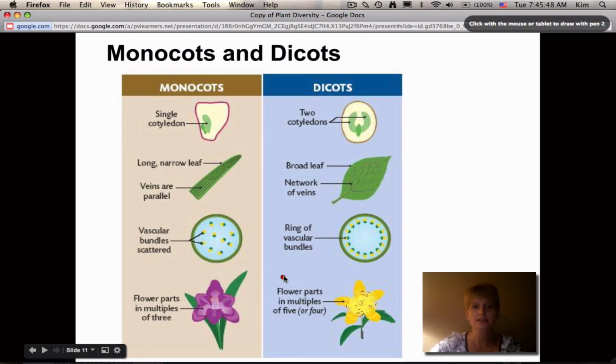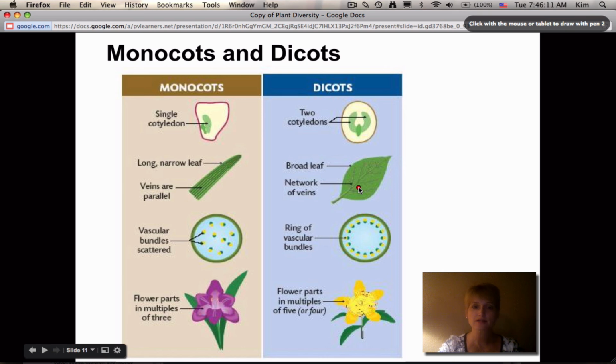And then dicots have 2 cotyledons, because di means 2 and cot again stands for cotyledon, and so within the seed there'll be 2 cotyledons there. Dicots have broad leaves with a network of veins. So if you think about like a maple leaf, they're very broad and they have a network of veins.